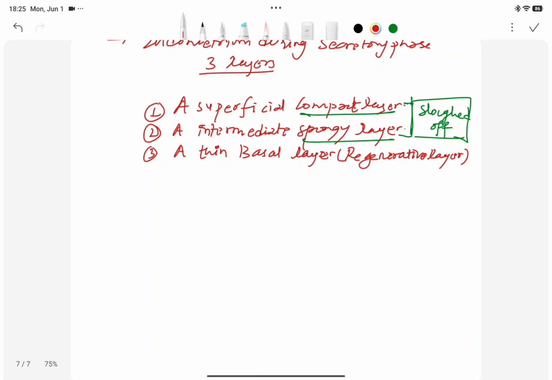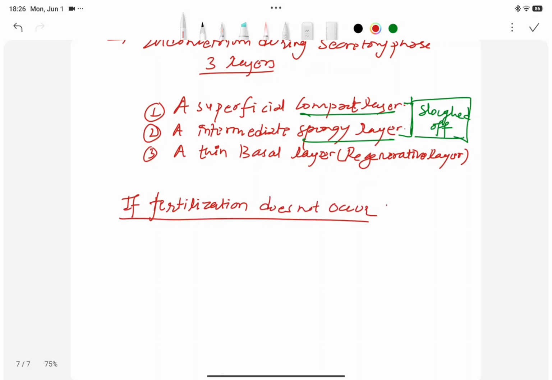If fertilization does not occur, then what happens?